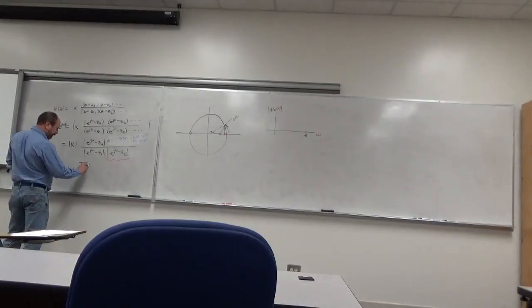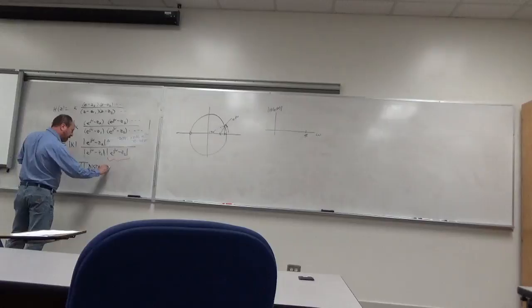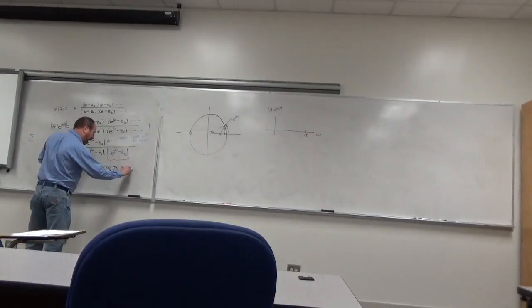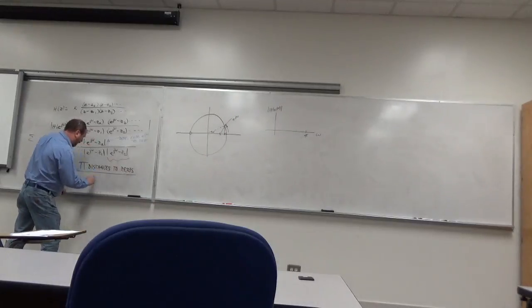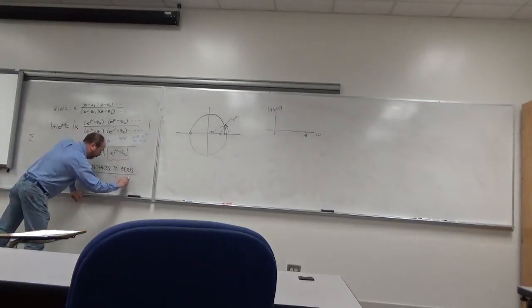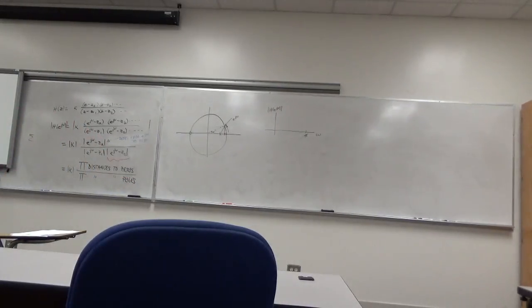Product of distances to zeros over product of distances to the poles. Now, notice that we only had one zero, so there's no product up there. It's just distance to that zero over distances to the poles. Do you see how I got that? See all the steps in between?